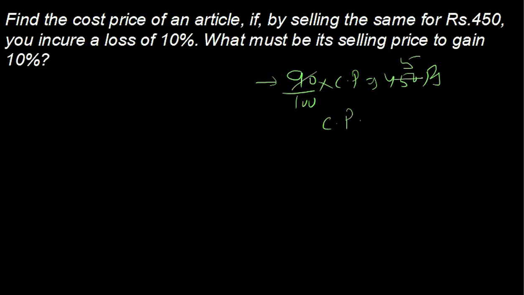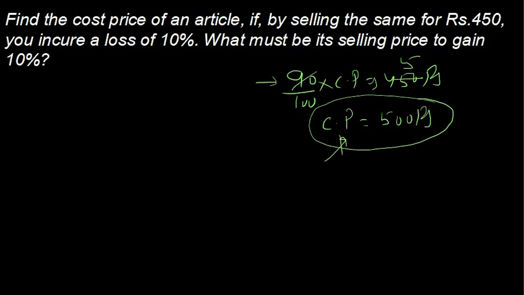So what is the value of the cost price? It is going to be 500 rupees. Now with the same 500 rupees as the cost price, what they want is a gain of 10%. So this time the selling price should be 110% of the cost price. And what is the cost price? 500 rupees. So selling price is going to be what?